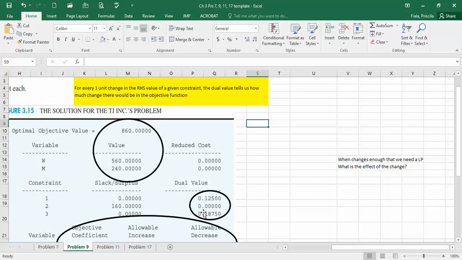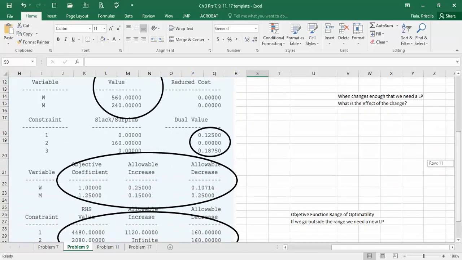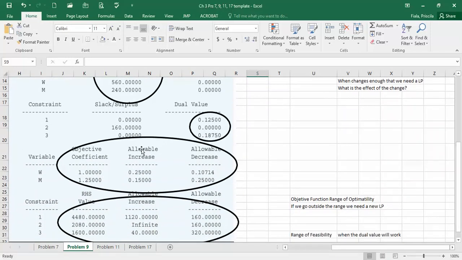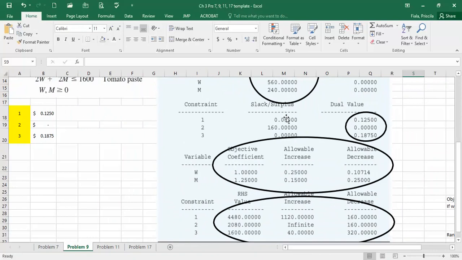Because once you go out of this range of feasibility or your range of optimality, then you definitely need a new linear programming model to have your correct amounts. And also, what is the effect of the change? If you change this value right here for constraint one, how much would be the change? If you would increase 12.5 cents and then you decrease 12.5 cents.